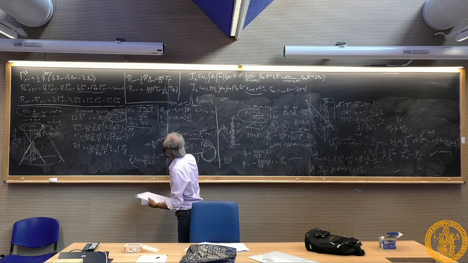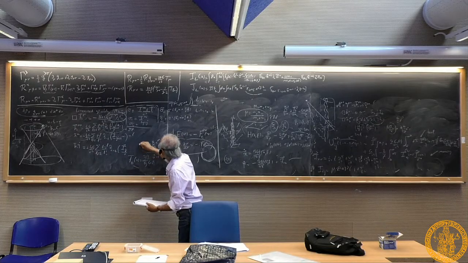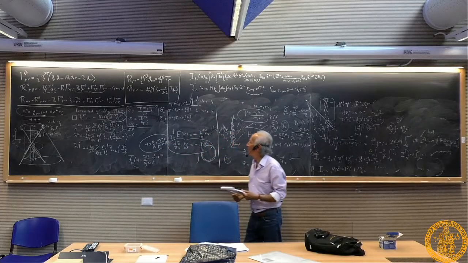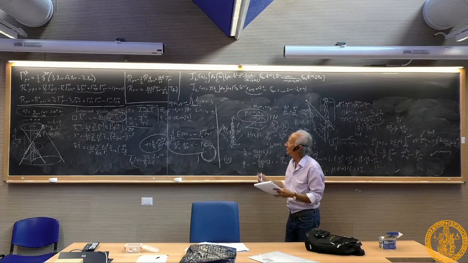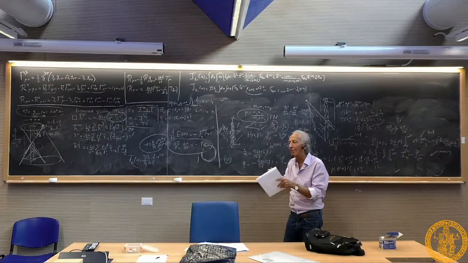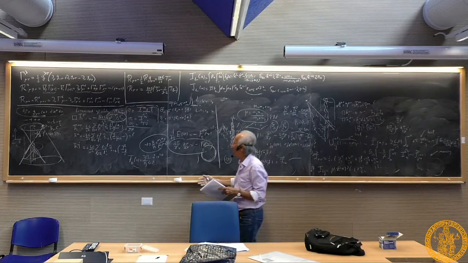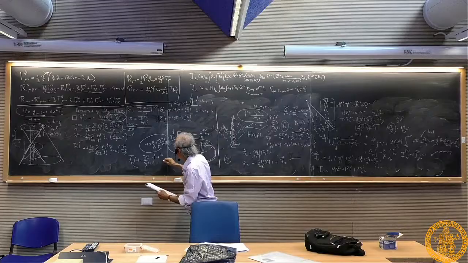So this is the product of the two masses divided by the square of the sum of the two masses. This is a parameter which is equal to 0 when one mass is very small and 1/4 when the masses are equal. And everything is a function of nu.